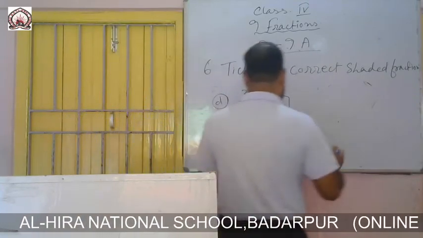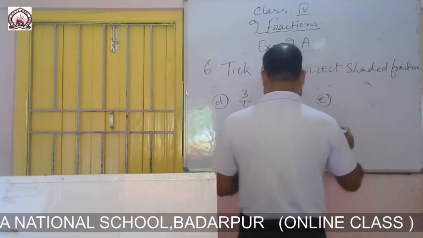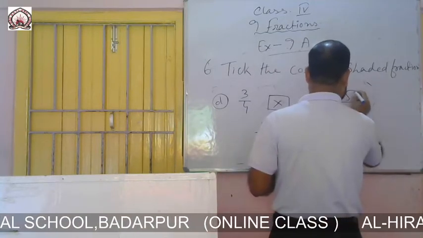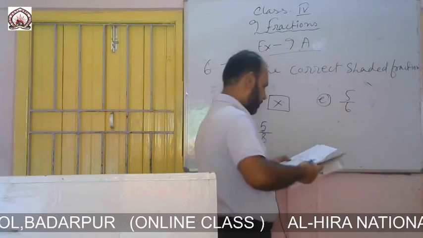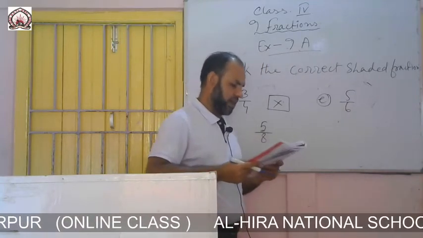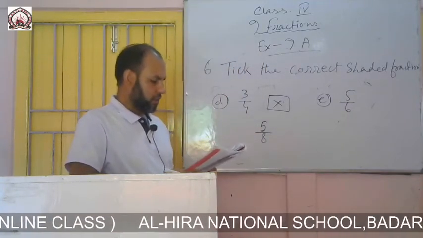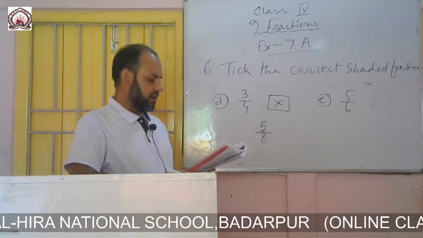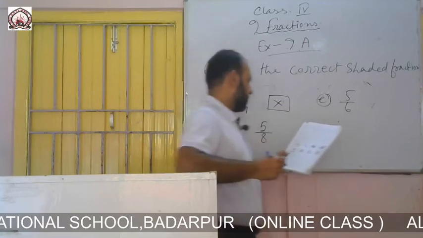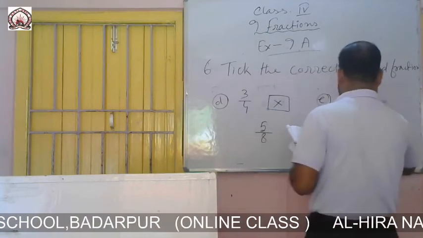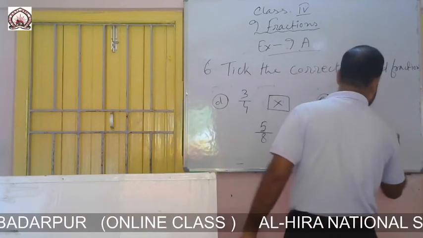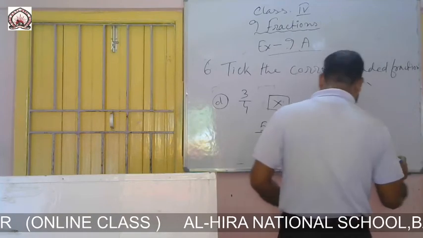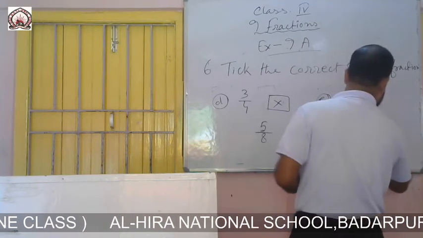Next is E. Here the fraction given is 5/6, and the total number of squares is 12, and out of 12, 10 are colored.